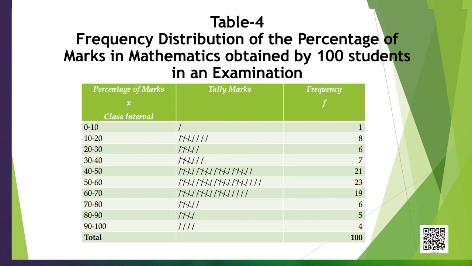For example, if the marks obtained by a student are 57, we put a tally against the class interval 50 to 60. If the marks are 71, a tally is put against 70 to 80 and so on. If someone got 40 marks, the tally is put against 40 to 50 as per the rule.